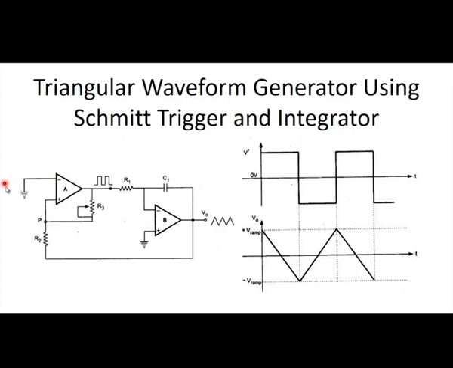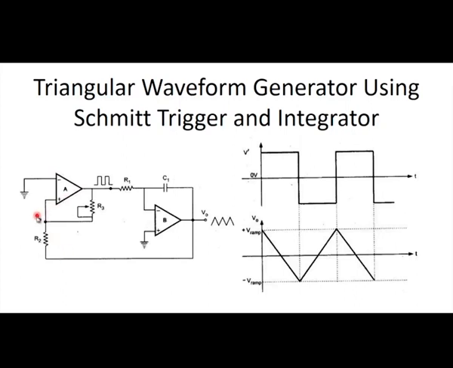Here, instead of giving the input, we have grounded the input terminal, that is the negative terminal of the first operational amplifier is grounded, and the output of the Schmitt trigger is given as the input to the integrator, which is represented as B. The integrator integrates the square waveform and produces a triangular waveform, and this triangular waveform output is fed back through the potential dividers to the positive terminal of the Schmitt trigger.